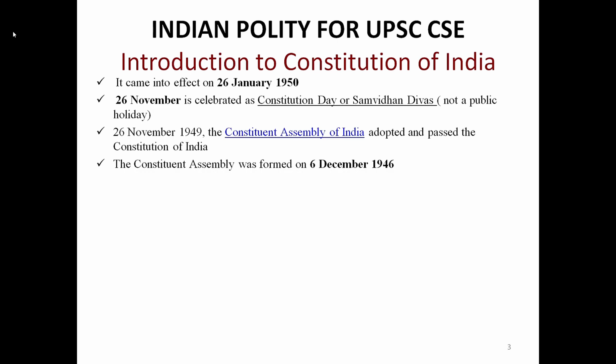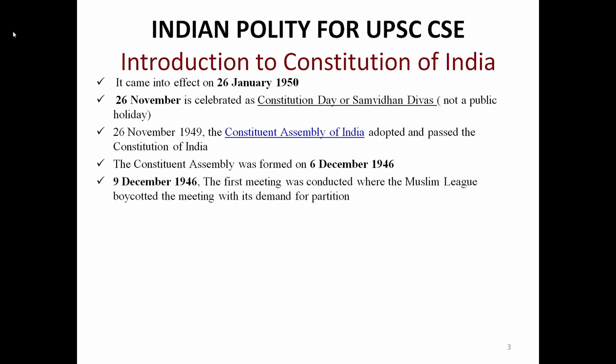These were the times when the Britishers were about to leave our nation, and before the Britishers, there were kings ruling our land, and India never had any constitution. So the leaders formed the Constituent Assembly on 6th December 1946. Its purpose is to prepare, draft, and finalize the constitution for the country.